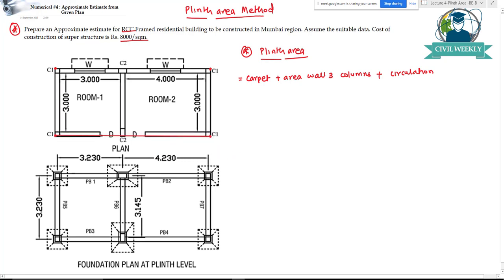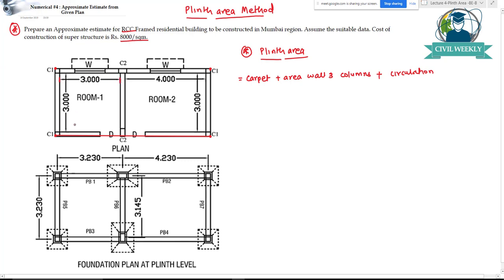Is it correct? So whatever area we have to find out is within this particular rectangle. If I find the area of this rectangle, I will get the total plinth area.